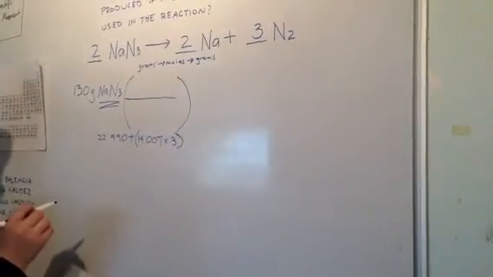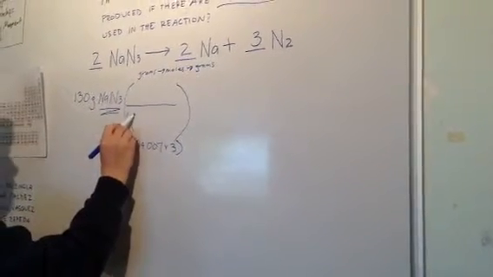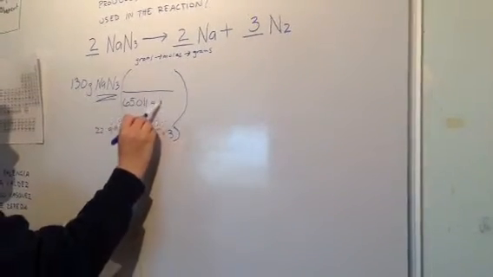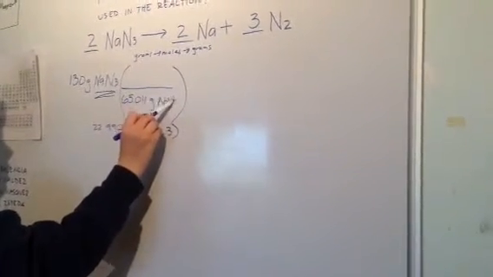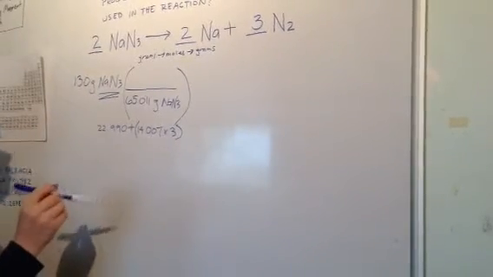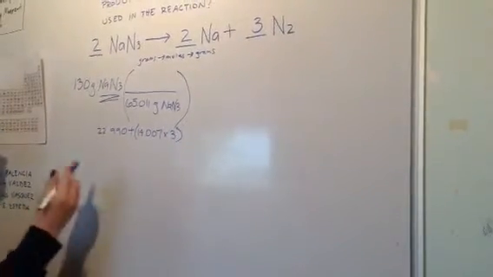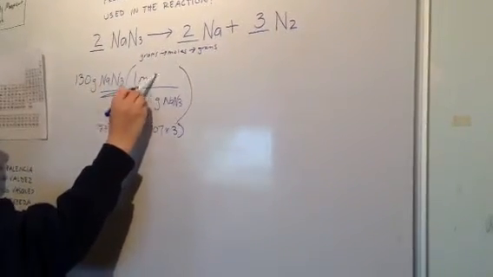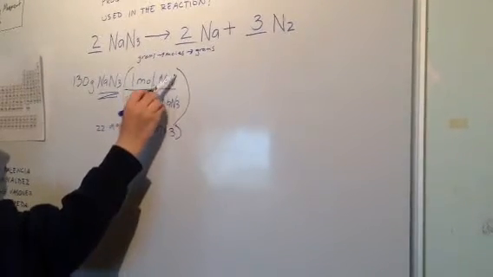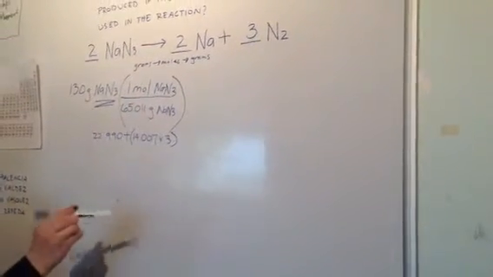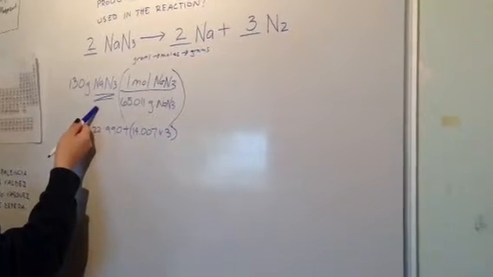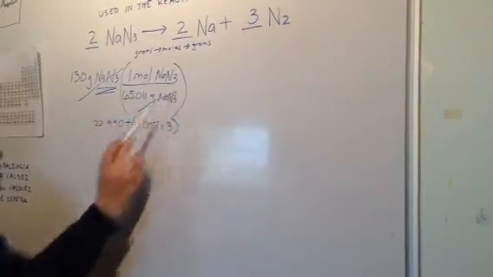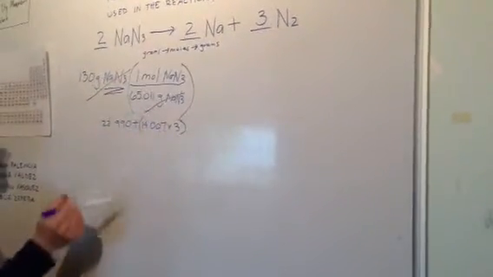When calculated, we will get 65.011 grams of NaN3. And again, because we're trying to get from grams to moles, we'll write 1 mole of NaN3. So the grams that we started with and the grams from the first step will cancel out, and we're left with 1 mole of NaN3.